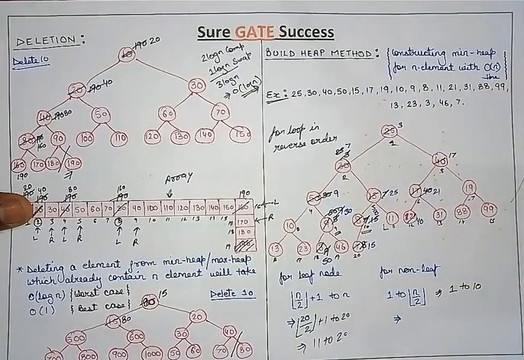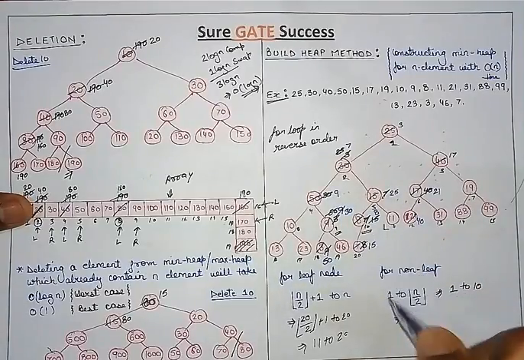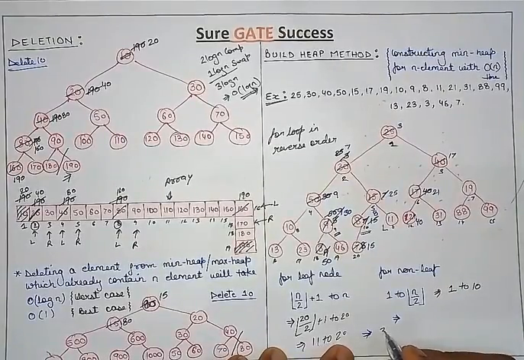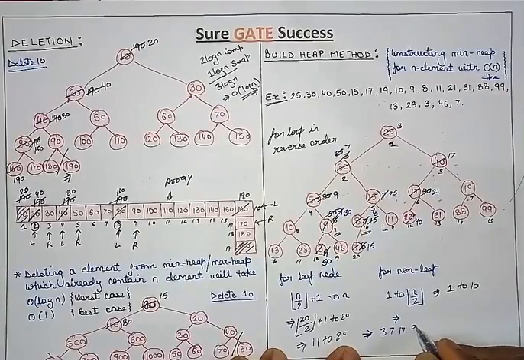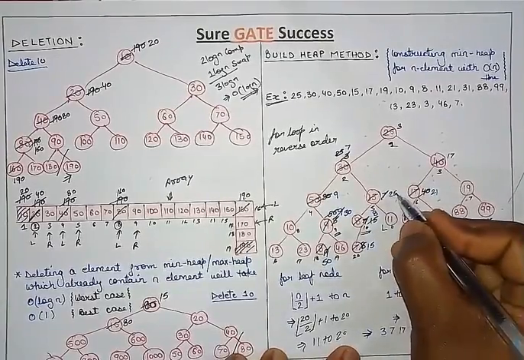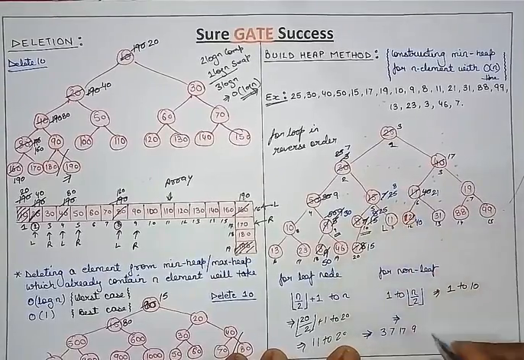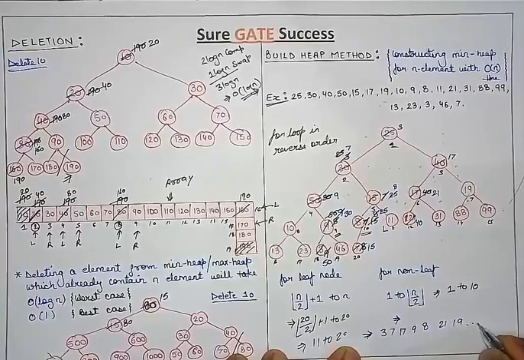Similarly we have to apply this till the values become sorted. So finally what will be the value? The value will be 3, 7, 17, 9, and 8 will be replaced with 25 because 8 is the smaller one, 25 will be here, then 8, 21, 19, and so on.